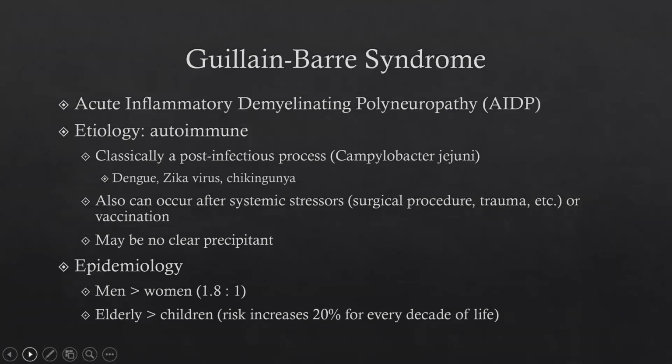There are viruses that are implicated, including dengue, Zika, chikungunya, HIV, and of course, COVID as well. This may also occur as a consequence of a systemic stressor, like, for instance, trauma, a surgical procedure, and even things like vaccination. So sometimes you may have a scenario where the precipitant is actually not clear.